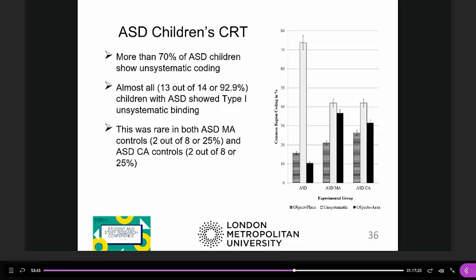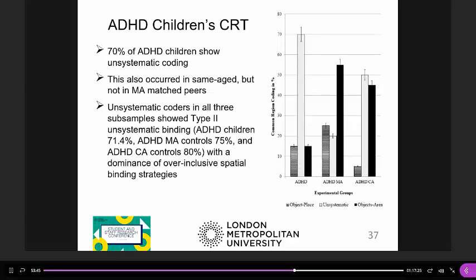If you go to the ADHD children, they showed mainly type 2 unsystematic binding. The ADHD children showed 70.1%, but this was also high in the typically developing children. So this was a dominance of over-inclusive spatial binding strategies.